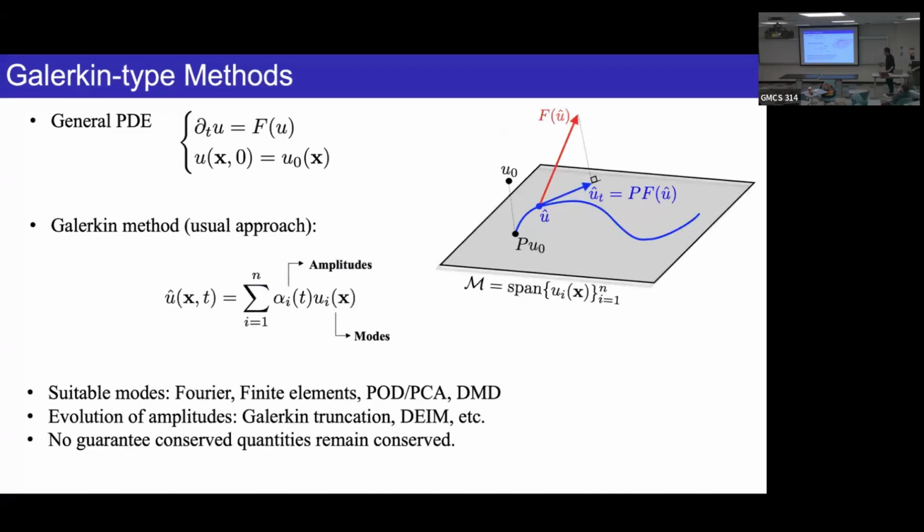Now, once you're given a PDE like this, if you look at the Galerkin type methods for solving a PDE numerically, what you typically do is approximate or express the approximate solution in terms of a linear combination of certain modes or basis functions, trial functions, right?